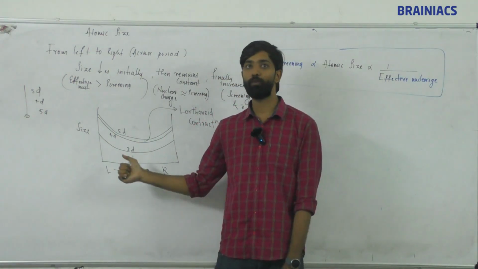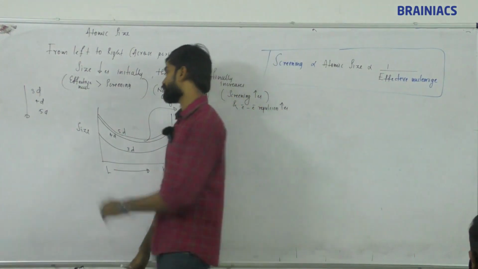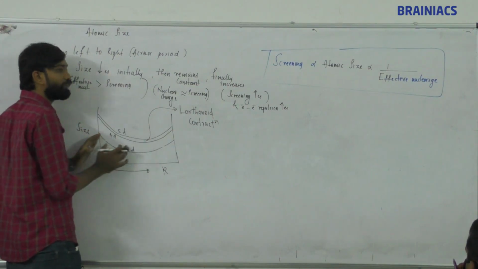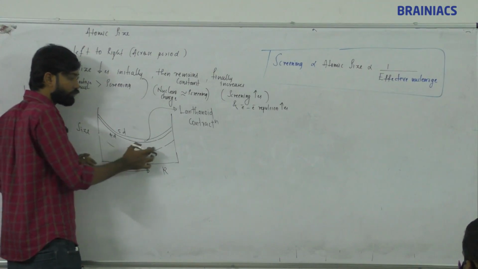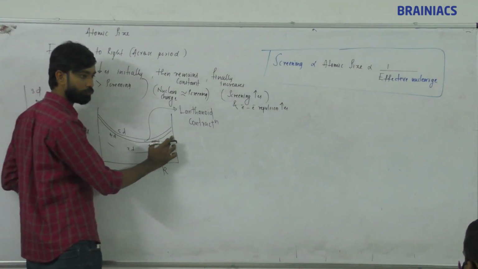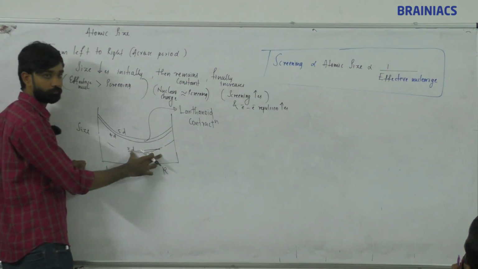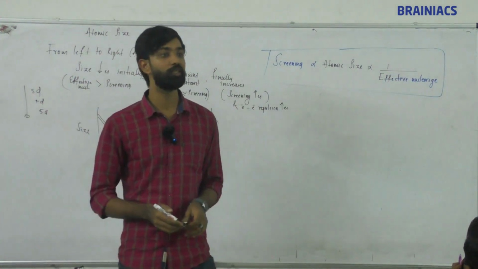But in the case of d block elements, the size does not have much decrement. First it decreases, then constant, finally it just increases, and the middle ones all have similar size. So there is no considerable change in size.